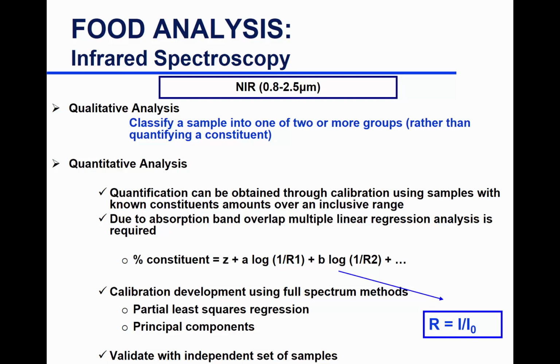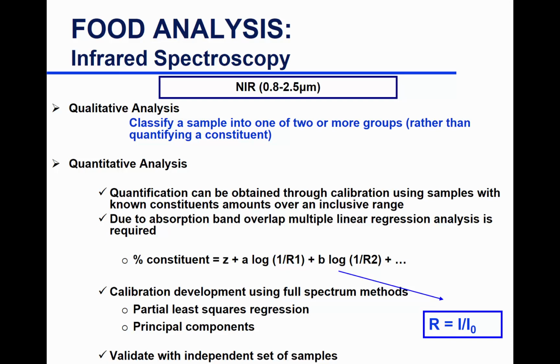They're not sharp peaks, so multiple linear regression is often used to quantitate different components. So calibration is done using either partial least square regression or principal components. So mathematical operations that the computer actually does for you, or the software does for you.